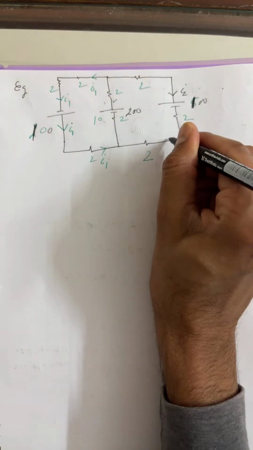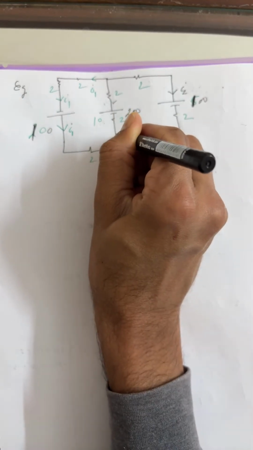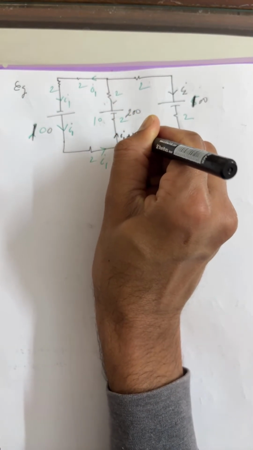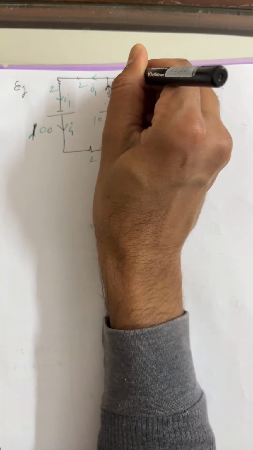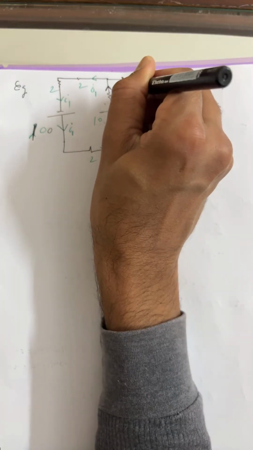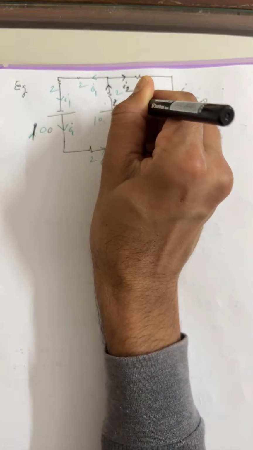So this is I2 current. What is the current over here? I1 plus I2. This is now satisfying everybody. So here also the current is I1 plus I2. This is the point you can keep in mind.